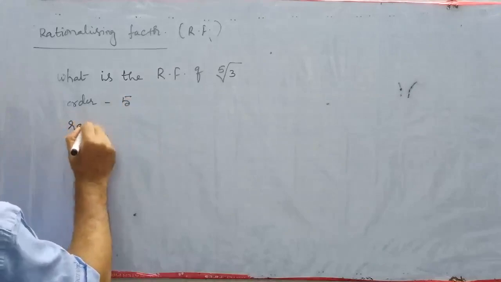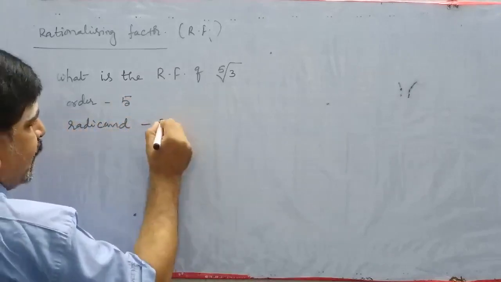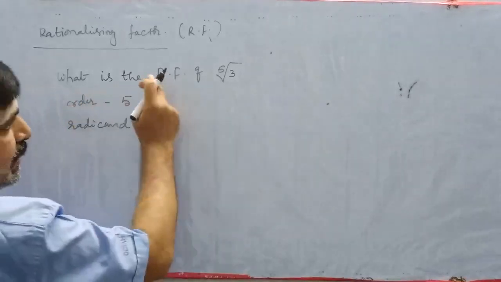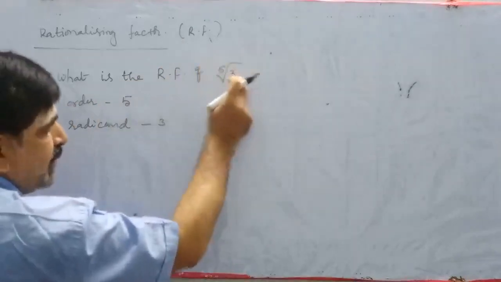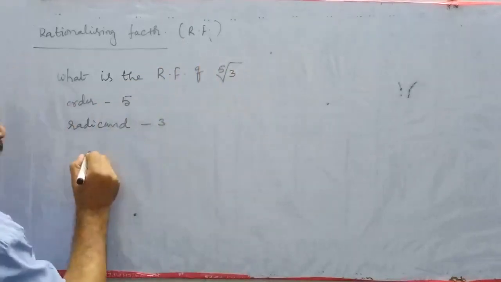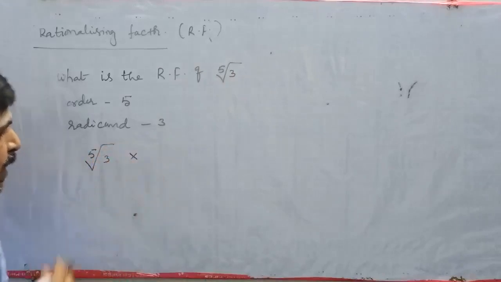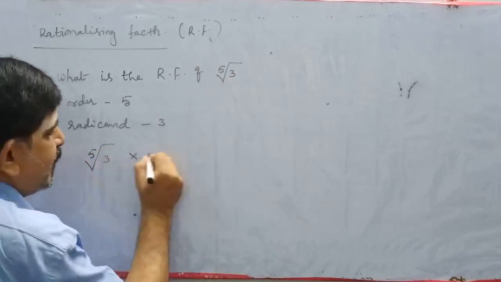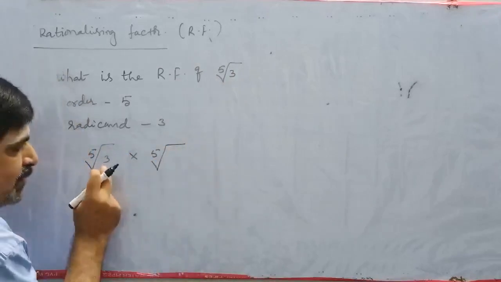What is the radicand? Radicand is 3. Now, how to find the rationalizing factor of fifth root of 3? The given question is multiplied with the same order. First you write the same order. Next, what is the power of 3?